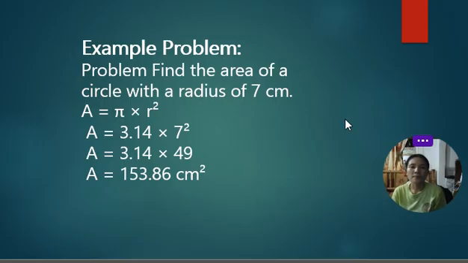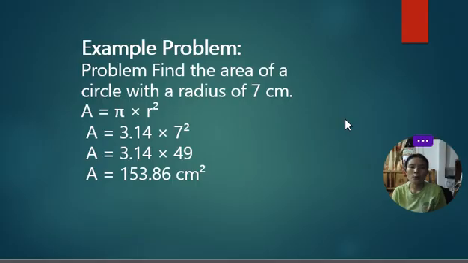For example, find the area of a circle with a radius of 7 cm. The formula is A is equal to pi times r squared. So A is equal to pi, which is equivalent to 3.14, times the radius 7 squared.